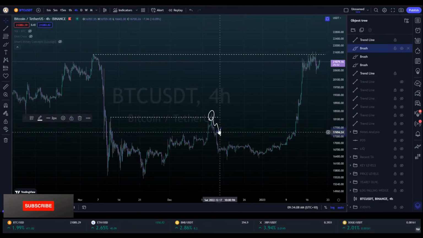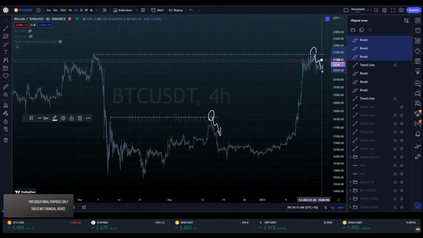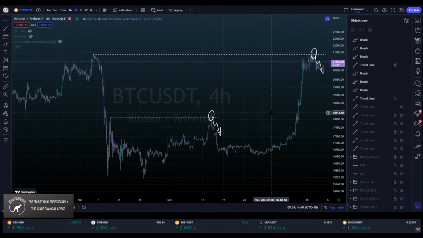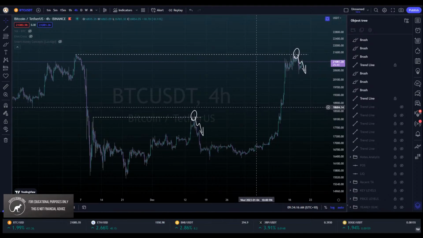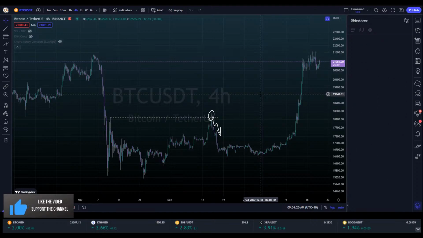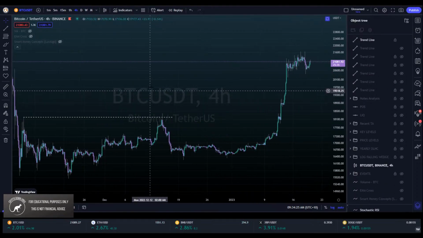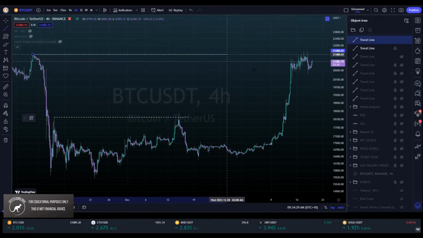I can even just replicate this drawing here and copy it. Look at that, see? Same situation. But this time, a little bit different, to get this line back.